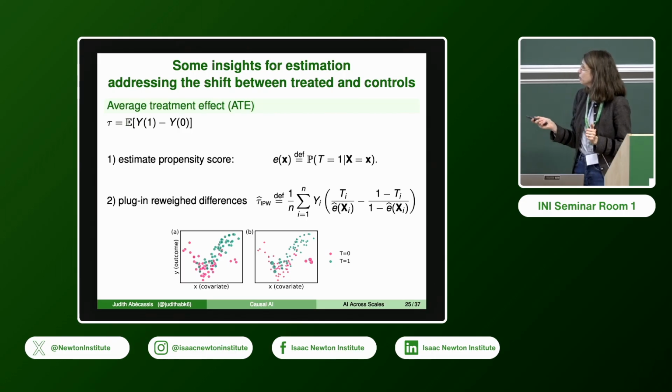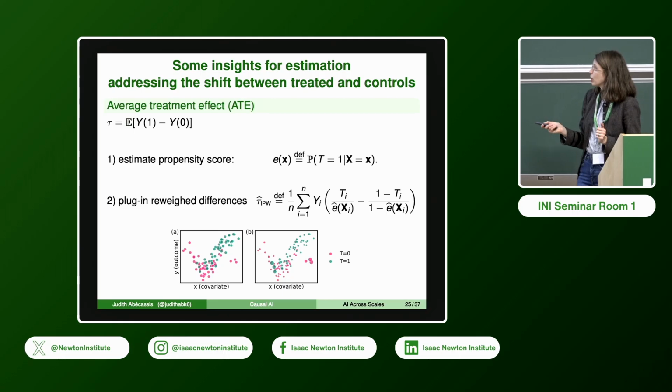So visually, you can imagine having the value of your outcome depending on the covariates. And what you see is that in some regions of the covariate space, you have many more units of one group compared to the other one.